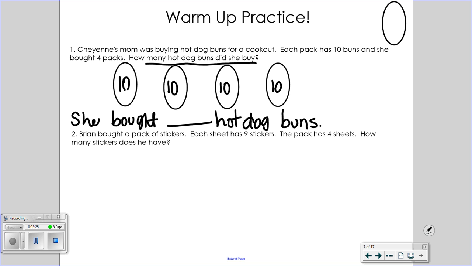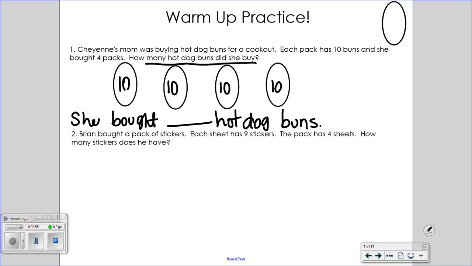Awesome. What kind of equation, math equation, could I use to figure this out? Let's start really simple with addition. What is my addition equation going to look like? Aiden, what's it going to look like? 4 times.